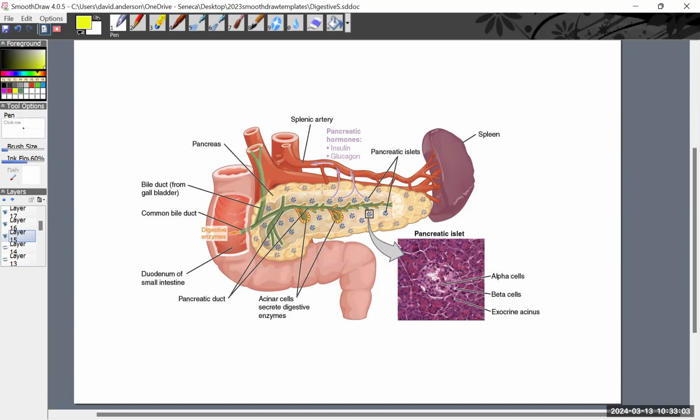The little blue dots represent the islets that represent alpha, beta, and some delta cells. And then we've got these acinar cells, the ones that are responsible for producing the digestive enzymes and the bicarbonate that's going to help neutralize the contents from the stomach.